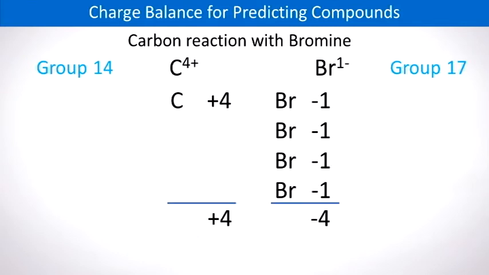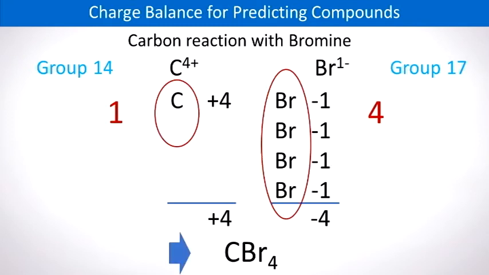In a likewise fashion, carbon, which is located in group 14, and bromine in group 17, -1 for bromine and +4 for carbon. If we stack the atoms to achieve the same magnitude of the charges but with opposite signs, we find that it takes 1 carbon and 4 bromines to give us carbon tetrabromide.